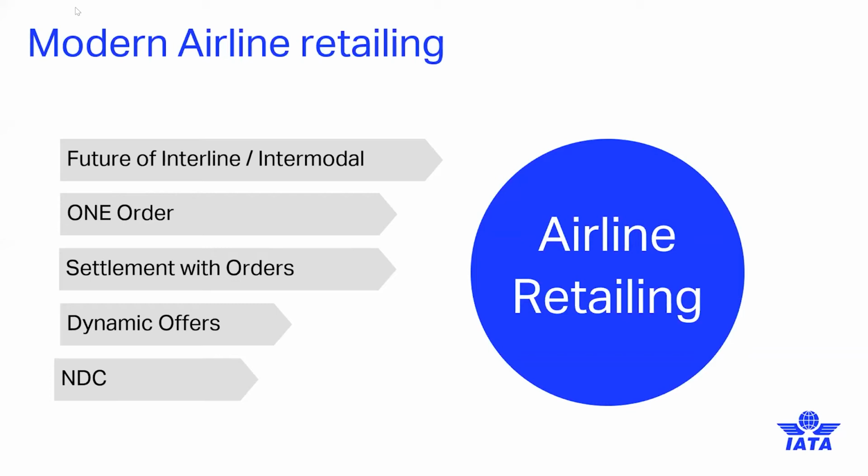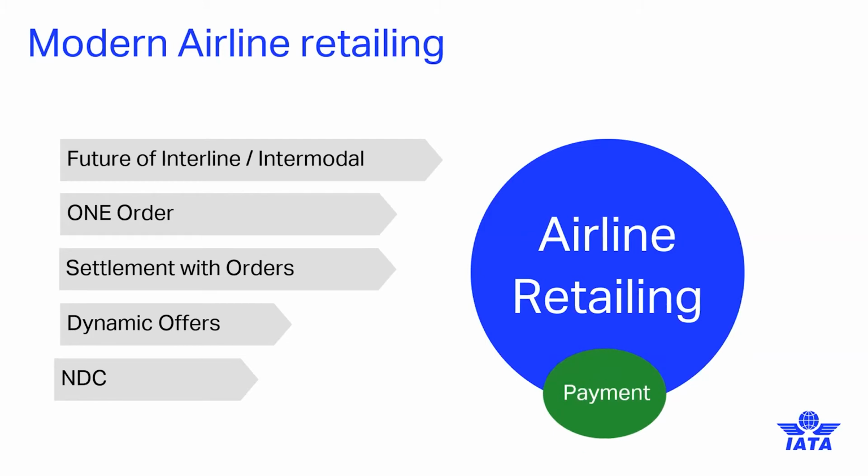This will be mainly enabled by the development and adoption of a new distribution capability, NDC, but not only that. In addition, it is supported by other related standards like dynamic offers, settlement with orders, one order, and the future of interline. All of these modern standards are going to address the legacy distribution limitations that are impacting product differentiation, time to market, access to the full and rich air content, and finally having a transparent shopping experience. So that's what we mean when we talk about airline retailing.